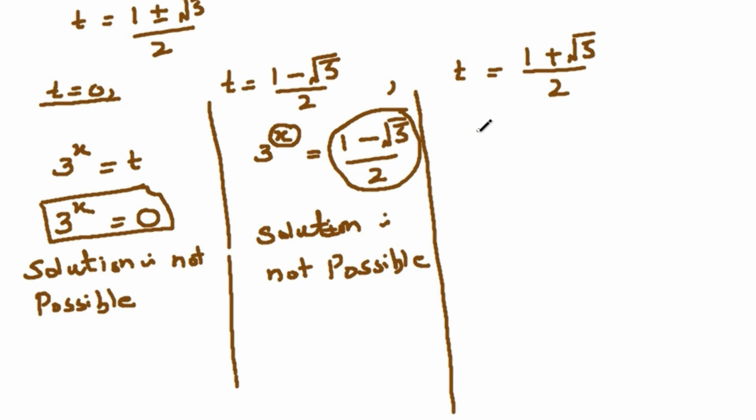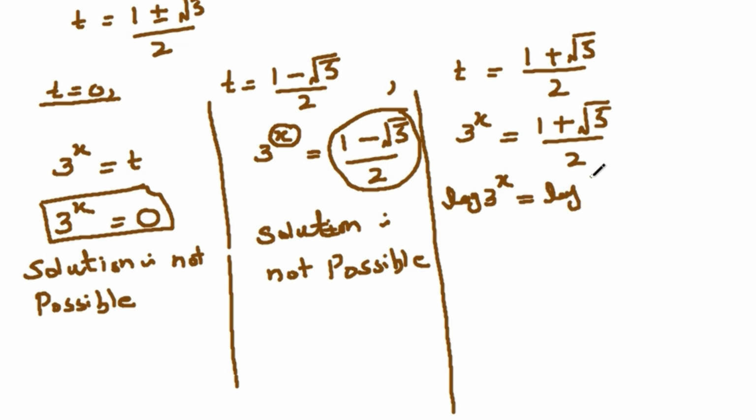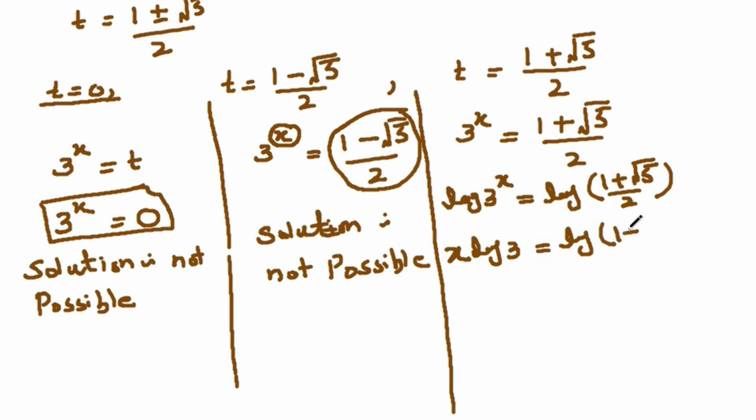When we take this case, 3^x is equal to (1 plus square root of 5) divided by 2, taking log on both sides. x into log of 3 is equal to log of (1 plus square root of 5) divided by 2.